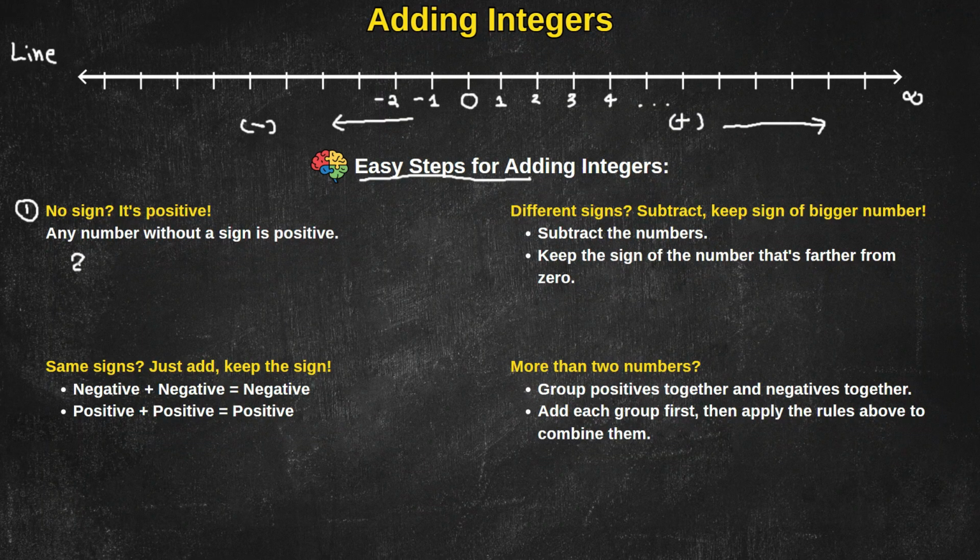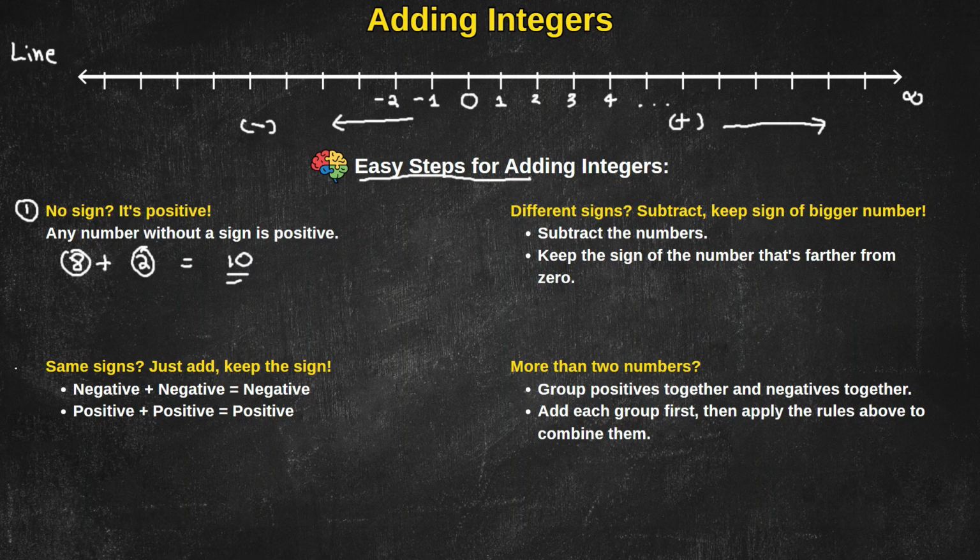If we have the number 8 plus the number 2, look at these two numbers. They have no signs. We simply are adding. We keep the sign and we simply add. 8 plus 2 is 10. But you don't really need this sign in front of the number. We understand that this number is simply positive.